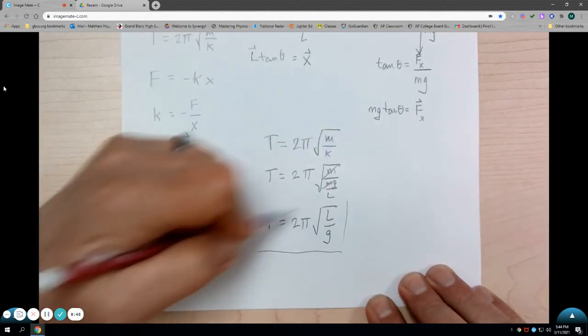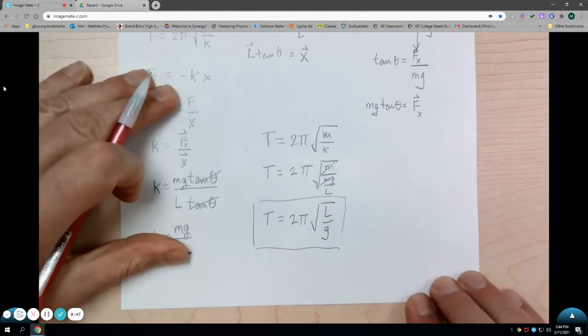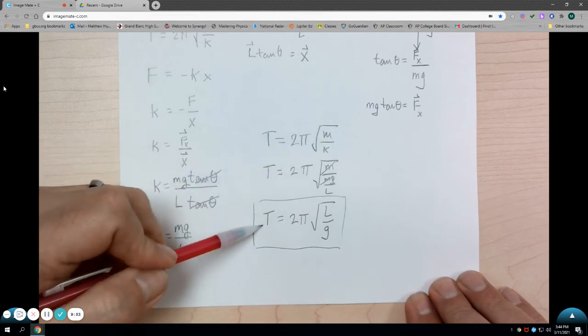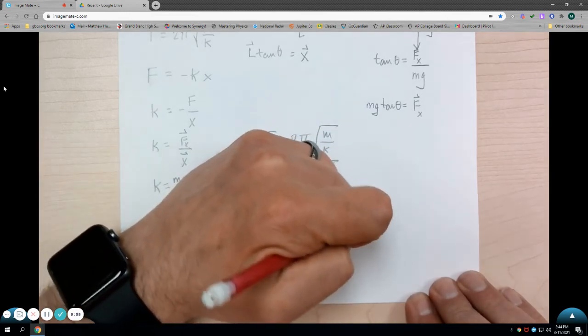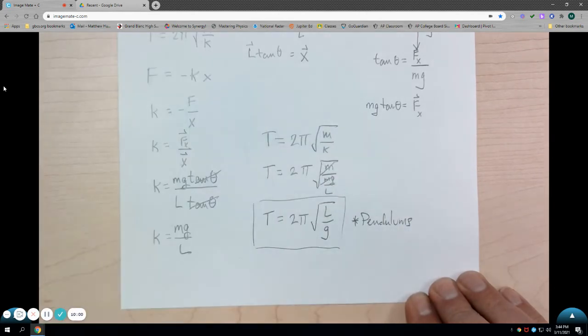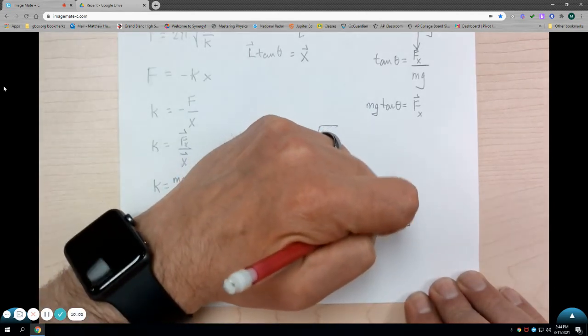So here's where we're at. This expression applies to any simple harmonic motion. This expression applies to simple pendulums only.